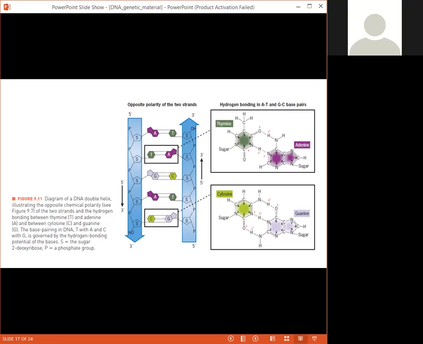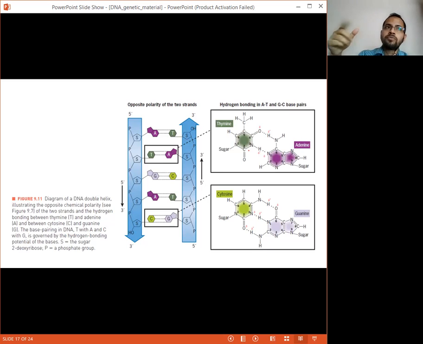AT will be easily separated rather than GC, right? Because we need to give more force, more energy to dissolve the 3 hydrogen bonds present in cytosine and guanine.